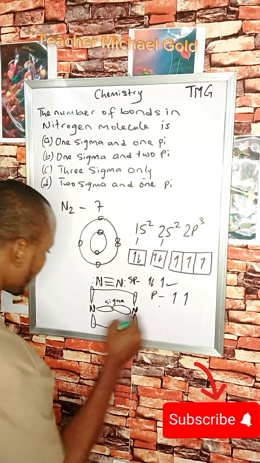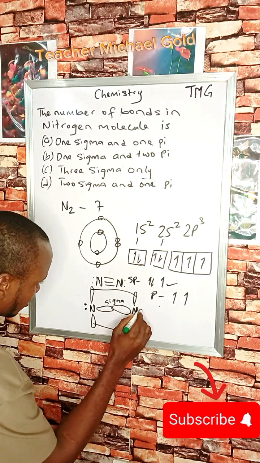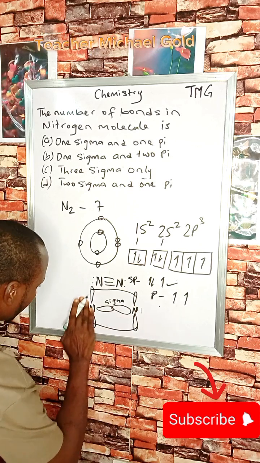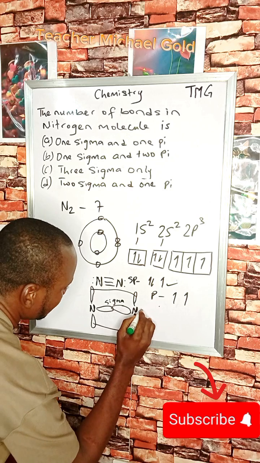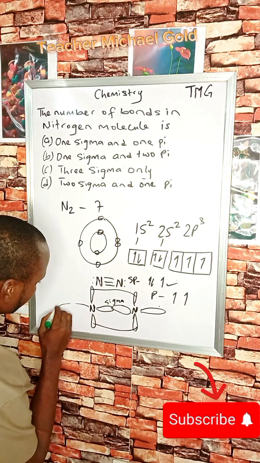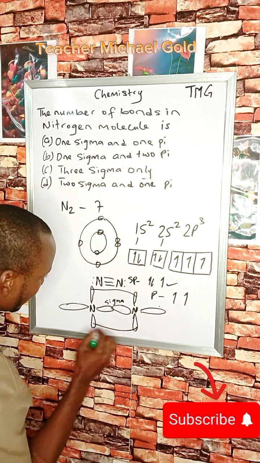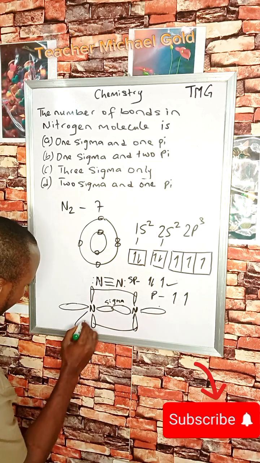Then there's another one here. The next one will come like this. Please don't forget this one, the s. Let me draw the s also. Then the next one will be formed in this direction.